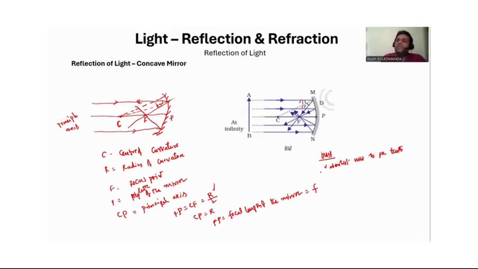Anything that you want to see as a magnified, bigger image, you can place a concave mirror very close to it and get an enlarged image. In the next session, we will see how we get a bigger or smaller image, what type of image we get using a concave mirror.